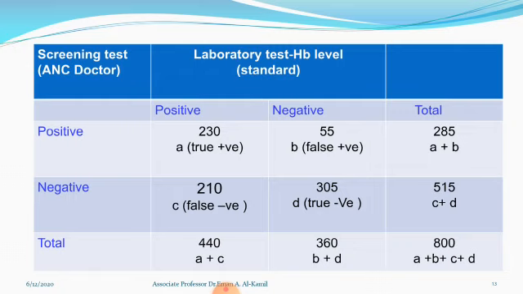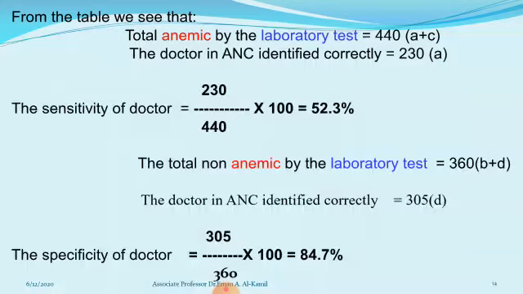And the 305 are negative by both, which is D. So accordingly, the total anemic by the laboratory test, as we mentioned, is 440. The antenatal care doctor identified 230, the A. So they agree on A. Both diagnose as anemic by the two tests.